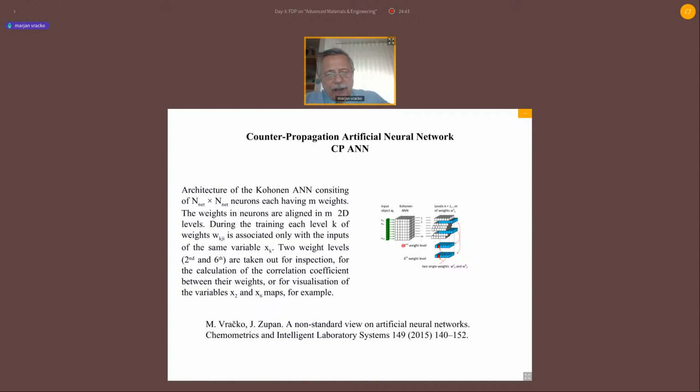So the number of those layers here is equal to the number of our independent variables or descriptors. So to each of those layers belongs one independent variable. And each column here represents an object.